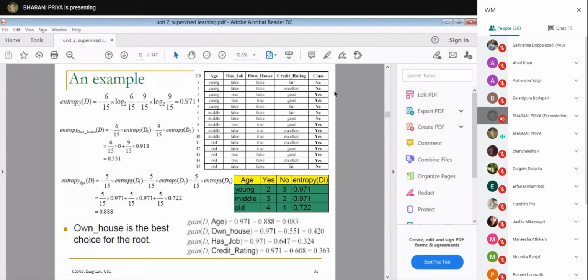So when young values are there, how many yes are there? Try to calculate. Do not see the below diagram. From the data, try to understand and calculate. You have three values totally: young, middle, and old. How many young are there? 5.